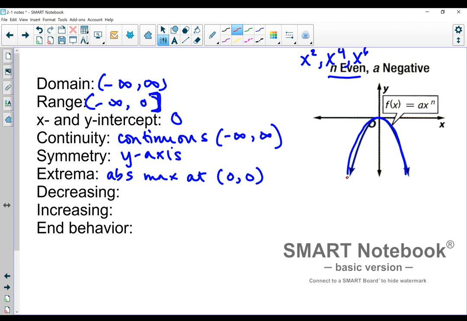So when I start on the left up to my vertex there, I'm going up, and then from the vertex, I'm going down. So first I'm increasing, then I'm decreasing. So I am increasing from negative infinity to 0, and I am decreasing from 0 to infinity.